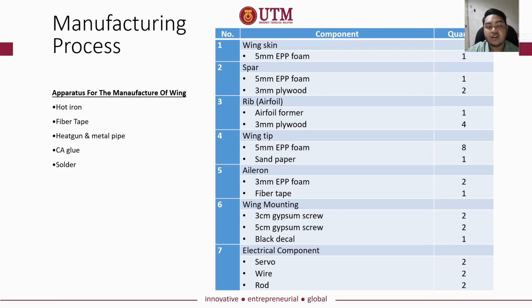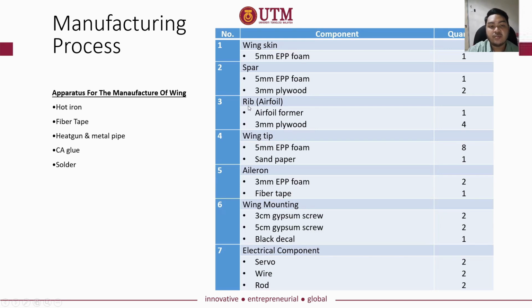And then for the spar, we are using 5mm EPP foam and also 3mm plywood. The spar will be installed inside of the skin, with the plywood attached together with the spar to get extra strength.